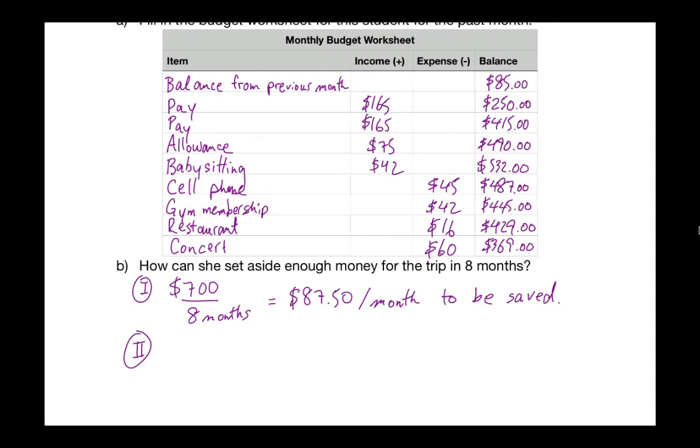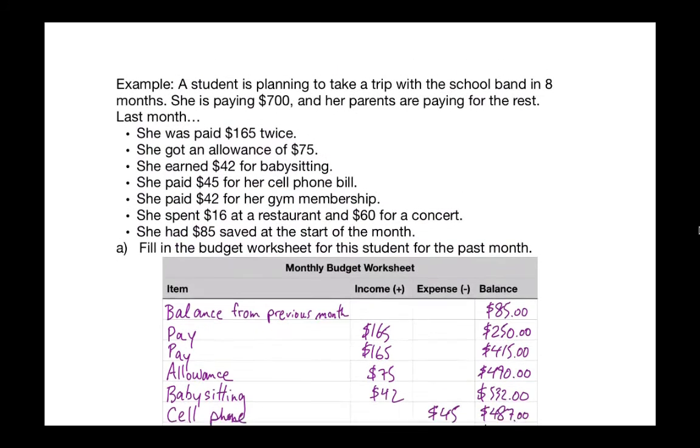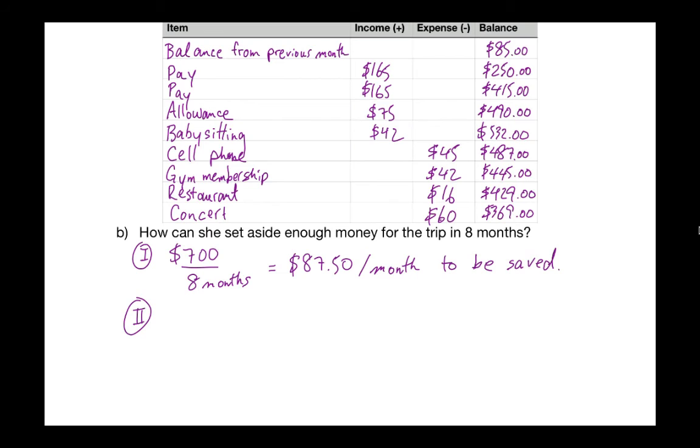I don't want to spend all of that money on the trip, but maybe I could save, so we'd say she could save $200 this month, and so that takes her far towards her goal of $700.